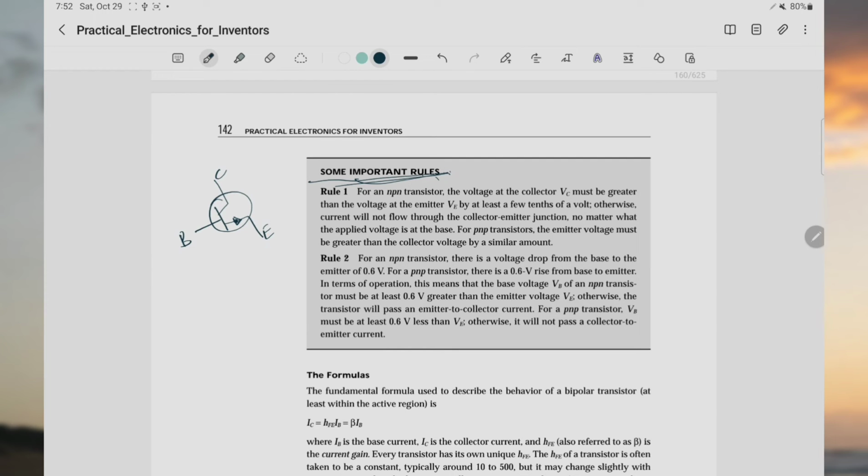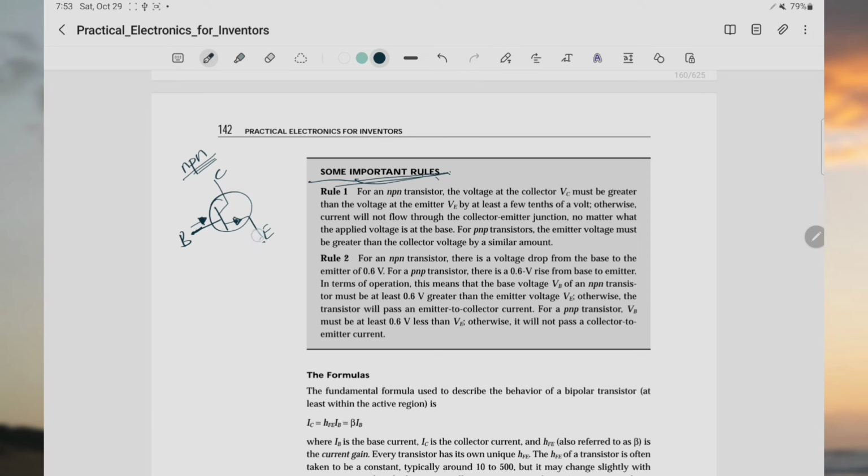For our transistor to work, I told you guys I'm going to be working with an NPN transistor. So the voltage here, VB, must be greater than the emitter voltage, such that our current will flow in this direction also.